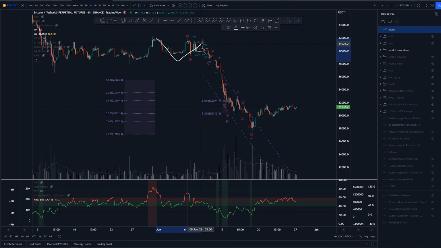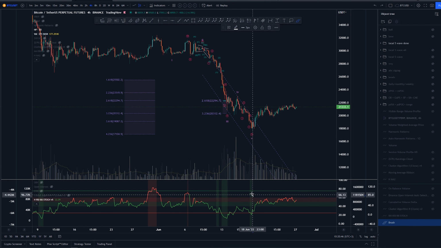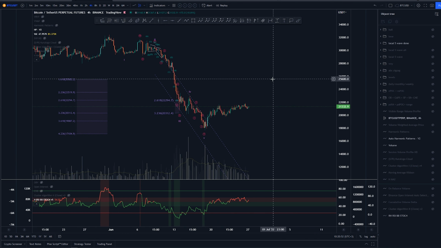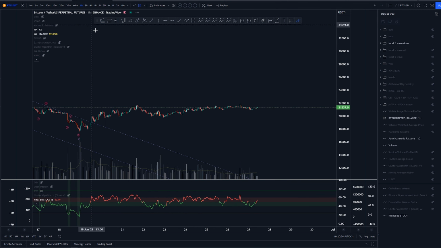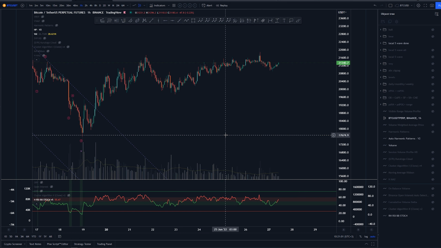Overall, if we were playing this as a 1, 2, 3, 4, 5, we did have that divergence plus these background color changes on my indicator, and then we would be looking for higher prices. Now what the next structure here can be, we'll see. Let's get into the 1 hour scenario and check it out.